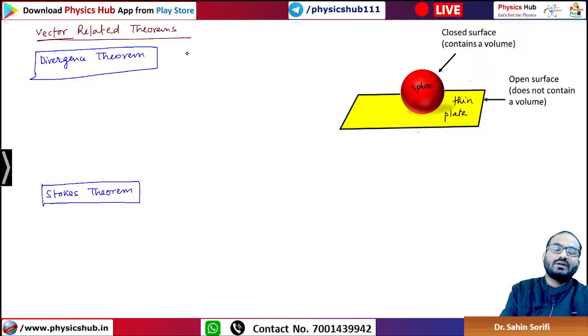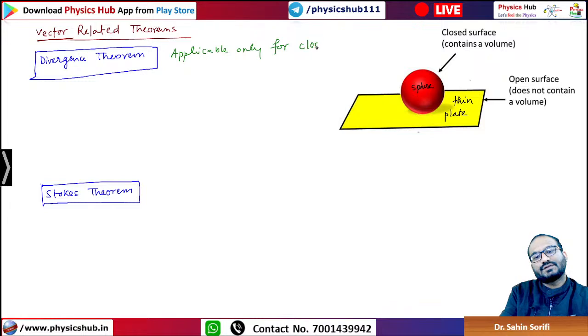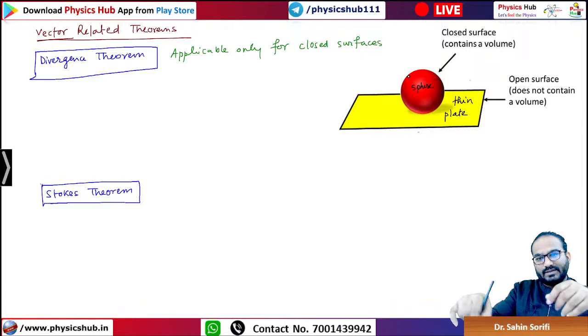Okay, first of all, let's talk about the applicability. Divergence theorem is applicable only for closed surfaces. What does it mean? You can apply it to spheres, let's say cylinder. You cannot apply it to some thin disk or plate.